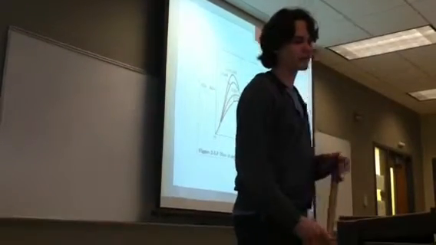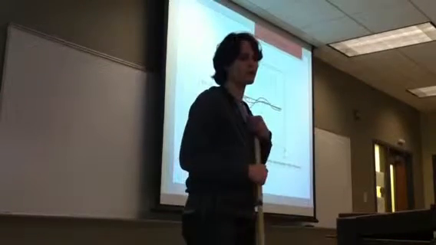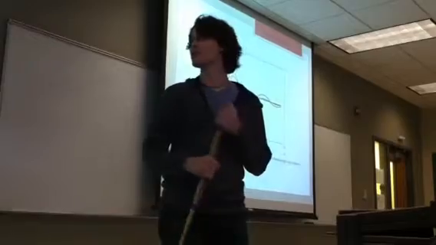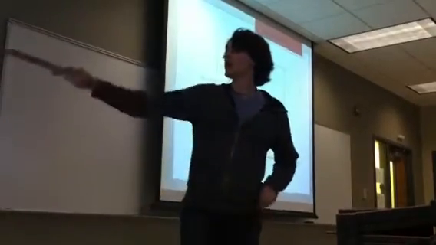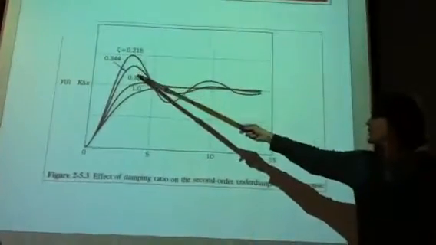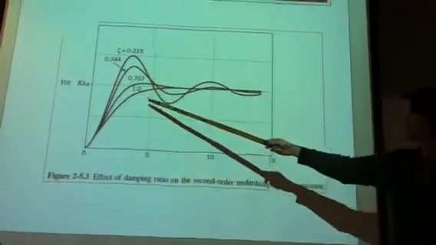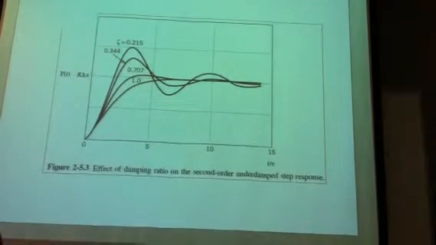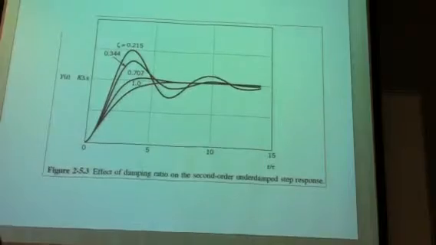This is the effect of the damping ratio on the second order underdamped step response. You can see here that as you change zeta, you get a higher value here, and it decreases with various zetas between 0 and 1.